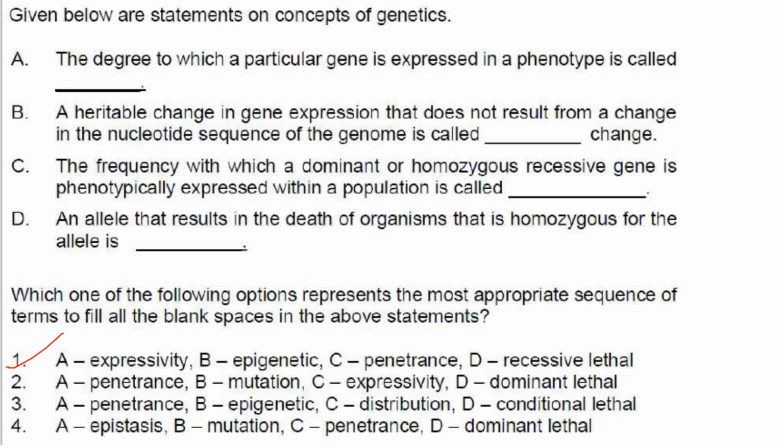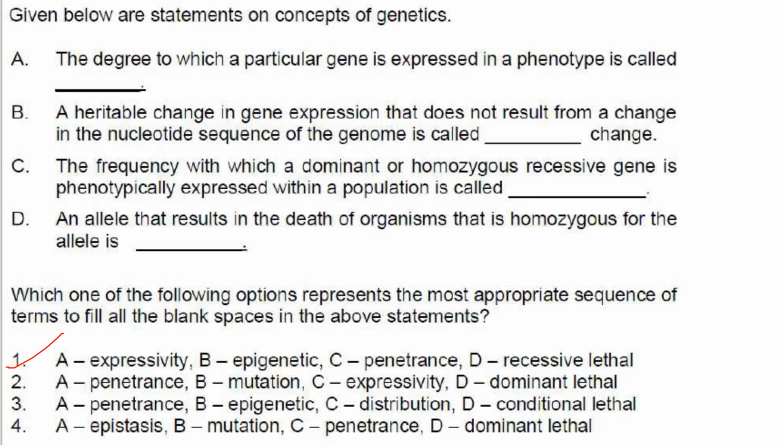A heritable change in a gene expression that does not result from a change in the nucleotide sequence of the genome is called epigenetic change. It is heritable, but it doesn't cause any changes in the nucleotide sequence of the DNA. So it is epigenetic.